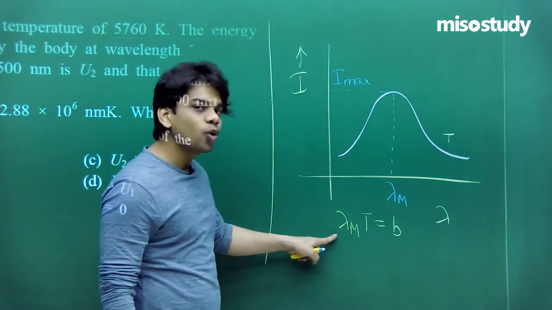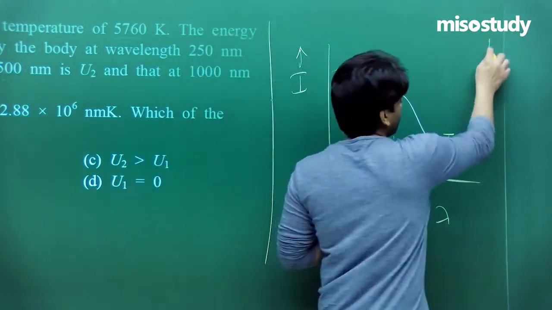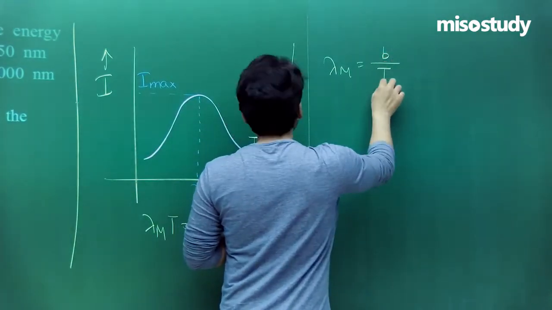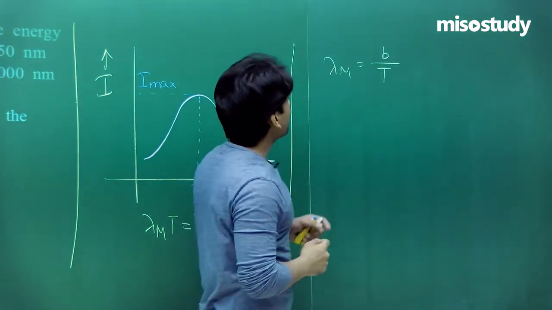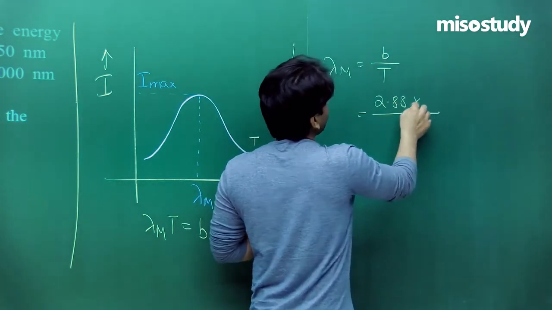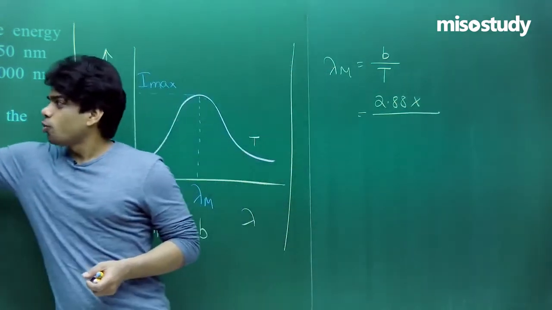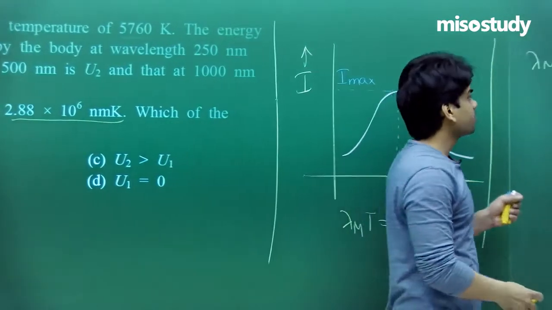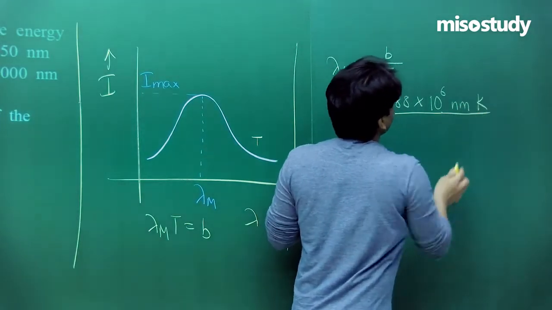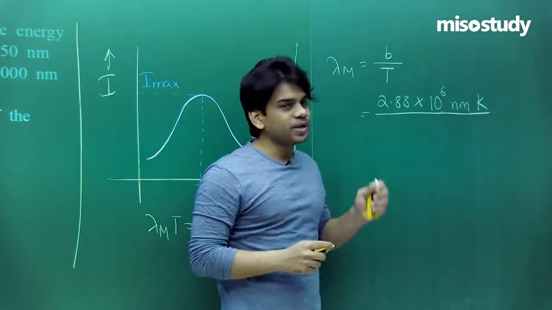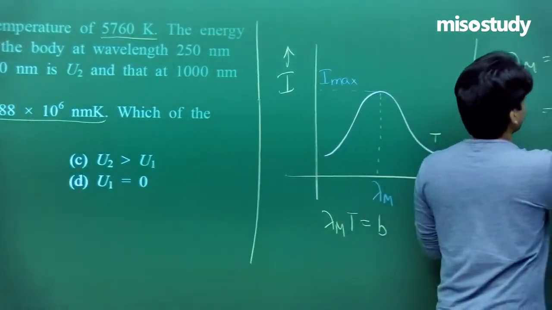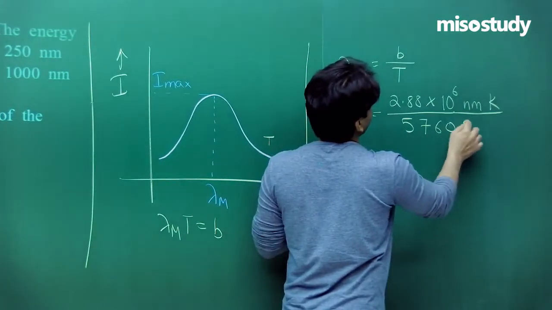Now from here, if we evaluate the lambda m value, lambda m will be equal to B by T. B is given as 2.88 into 10 to the power 6 nanometer Kelvin, and the value of temperature that has been given is 5760 Kelvin.